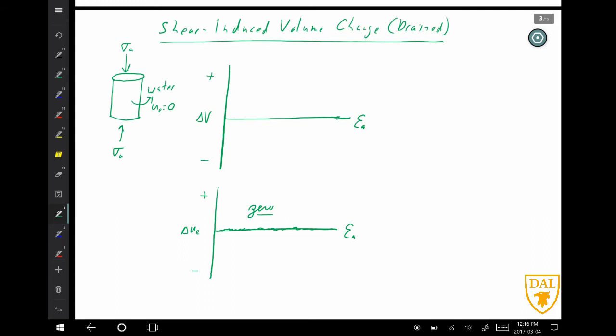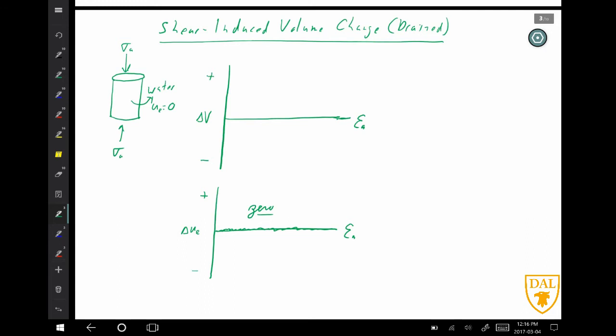And what happens when you shear a relatively loose sand is that as the shearing plane starts to move and tends to want to shear everywhere inside, you have a tendency for the grains to sort of realign themselves.